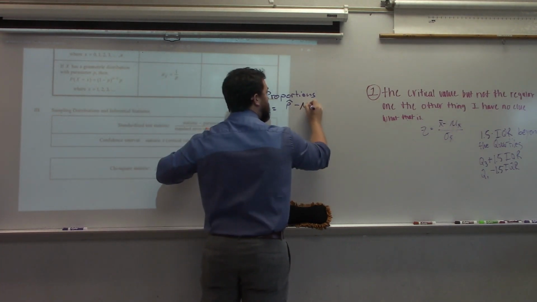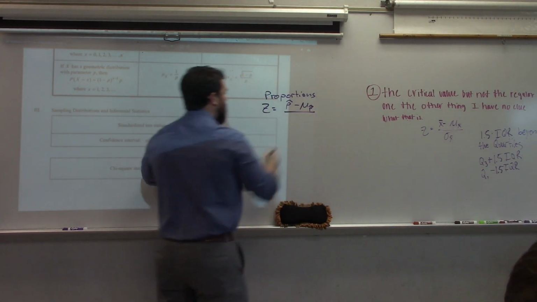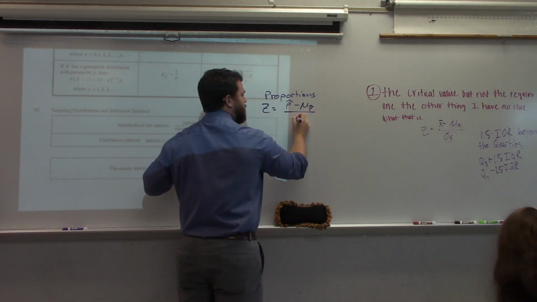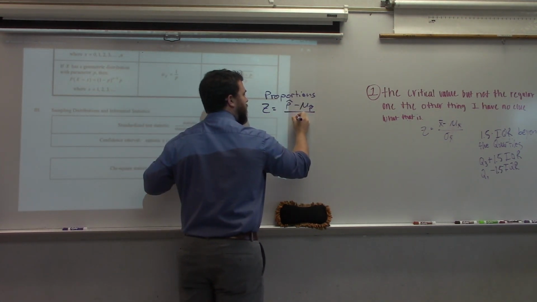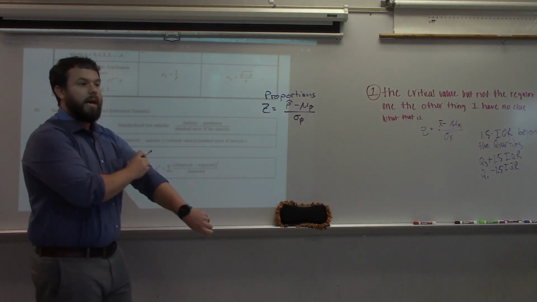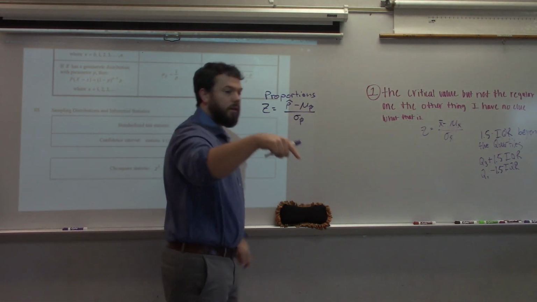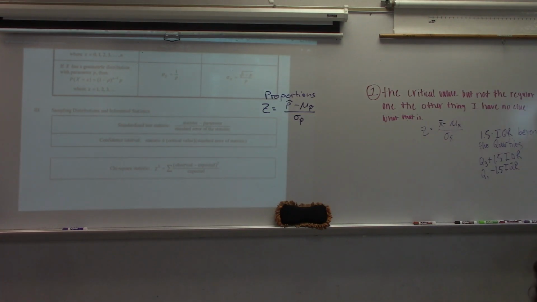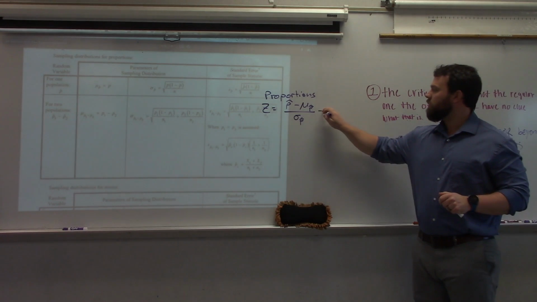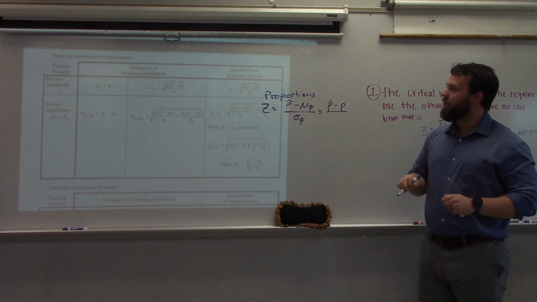So technically the parameter is the mean of p hat, divided by the standard error, which would be sigma p hat, or sometimes we have to use S, right? Now, remember from sampling distributions, or look at the other side of the formula sheet: what is the mean of p hat? It's just p. What is the standard deviation of p hat?